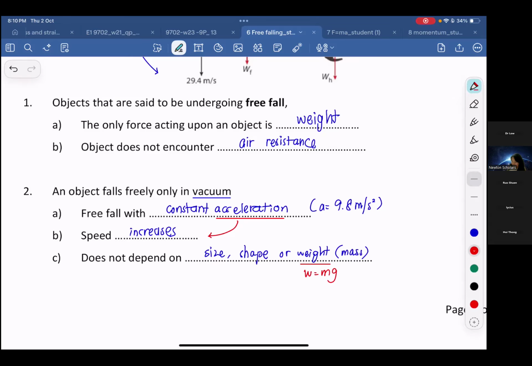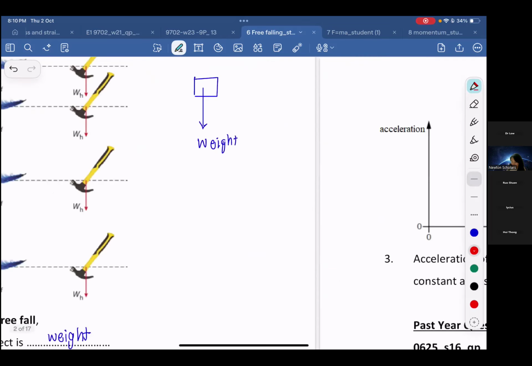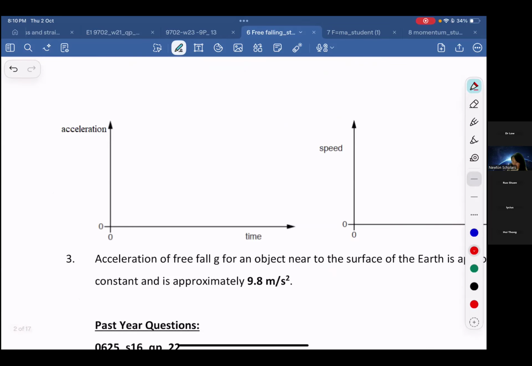Okay, so if there is a graph of acceleration, how is the graph shaped? My answer is constant acceleration. This value is 9.8, in meters per second squared. It will be a horizontal line showing constant acceleration. Is it okay?